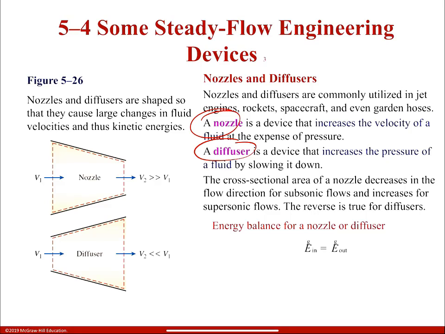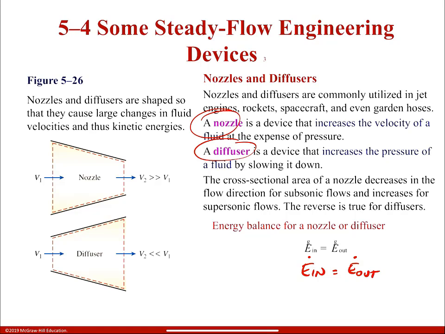The energy balance for nozzles and diffusers is pretty much, the energy that comes in is equal to the energy that comes out, or the rate. All right, but the question would be, how do I work with them? Nozzles and diffusers pretty much work in the opposite way.